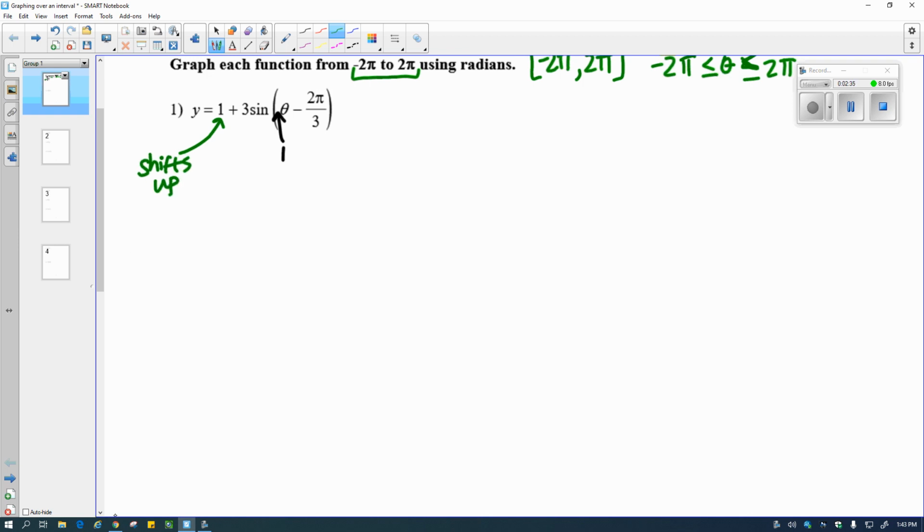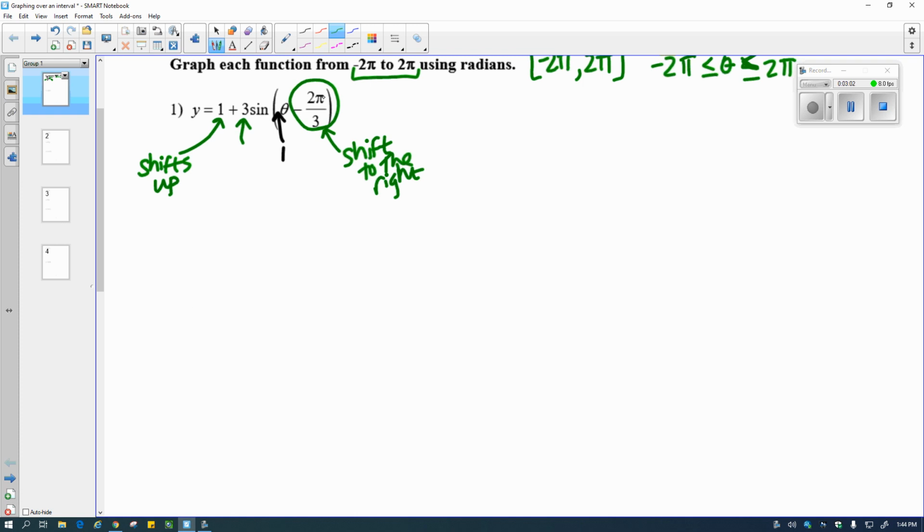It's going to shift it up 1 unit. And then this minus 2/3 part is going to shift the graph to the right, because that one's the opposite of what we see there. Remember, we set that parenthesis equal to 0 and solve for it.